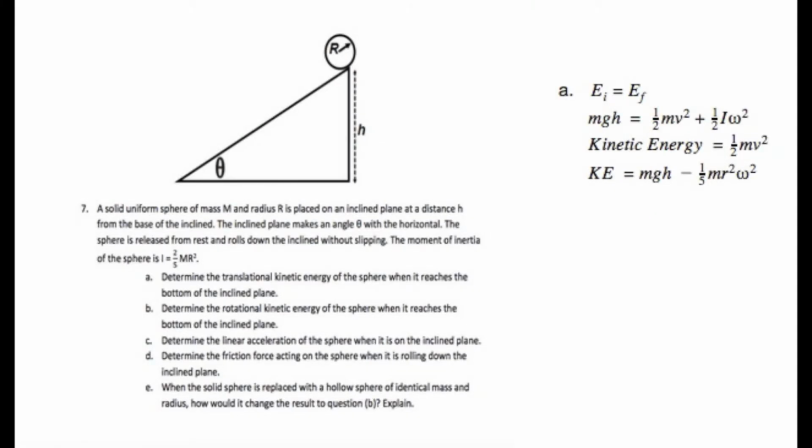Now we see that we solved for the kinetic energy, which is mgh minus 1/2 I omega squared. But we simplified the I omega squared by plugging in that I is equal to 2/5 mr squared for a sphere.